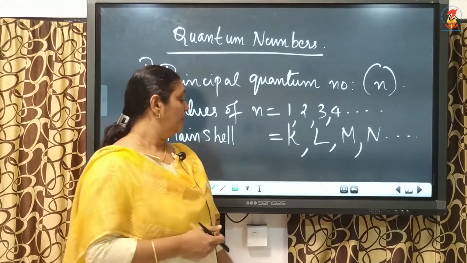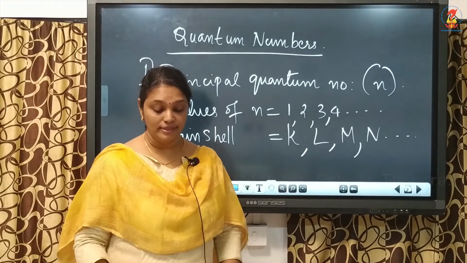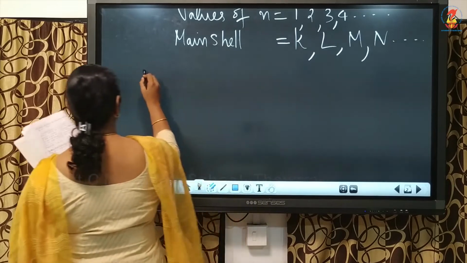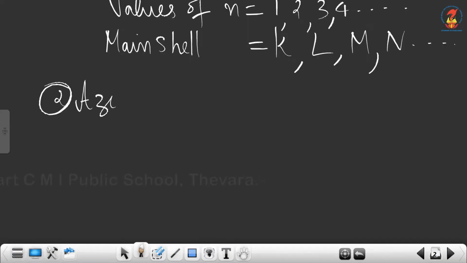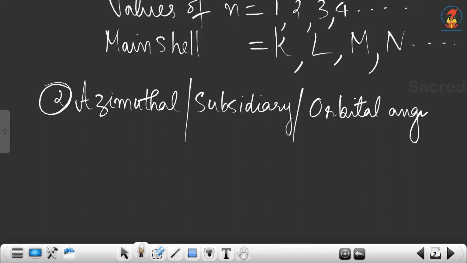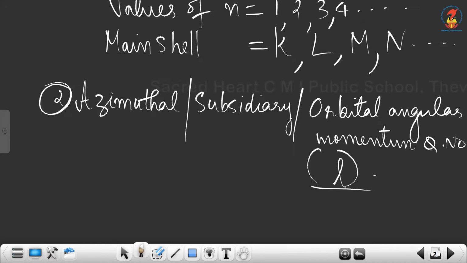Okay. Now, the second quantum number is the azimuthal or subsidiary or orbital angular momentum quantum number, and this is denoted by small l.